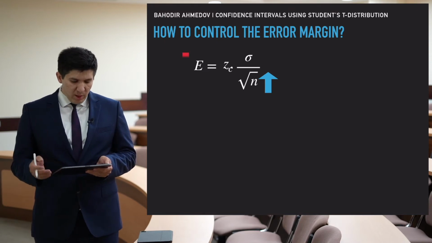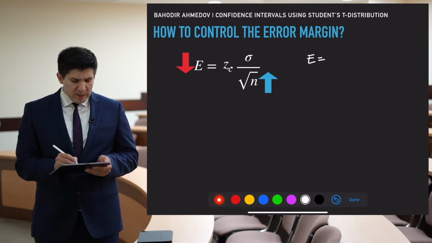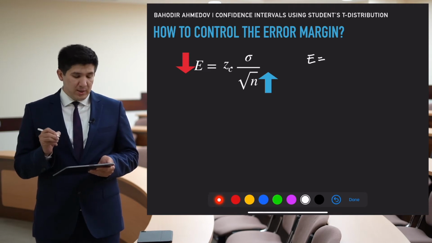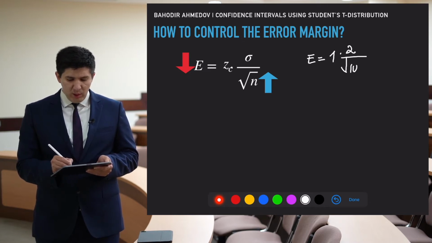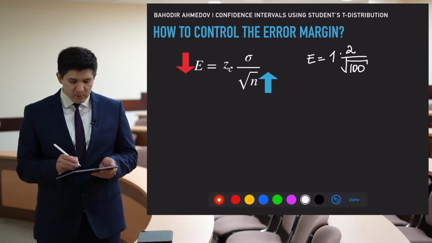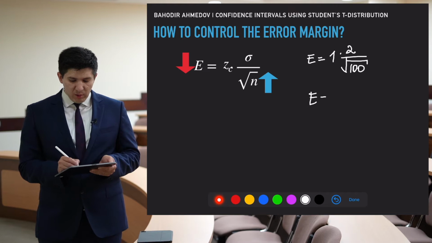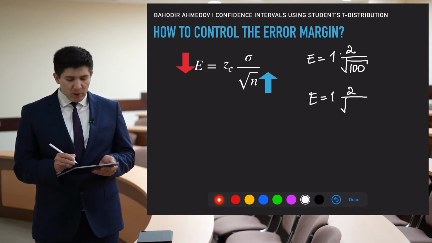For example, let's say the critical point is simply 1, and sigma is equal to 2, divided by the square root of 100. So your sample size has 100 items. At the same time, in the second case, E is equal to 1 times 2 divided by the square root of, let's say, 400.